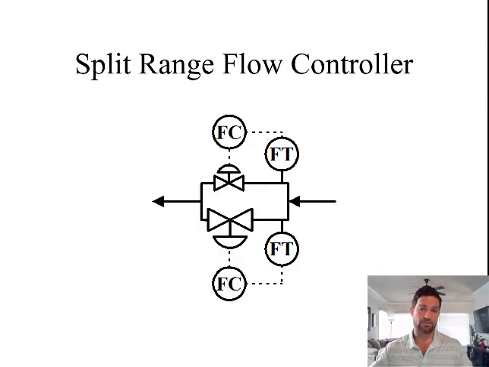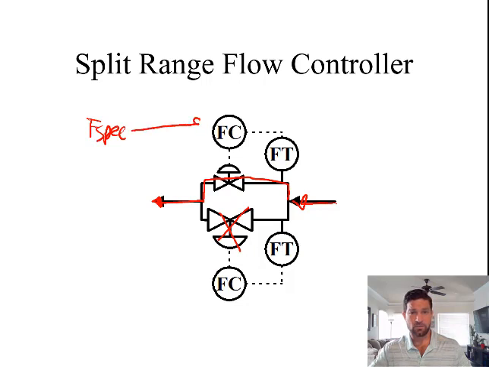All right, so here's what it could look like in practice. So we have our flow entering the process. At low flow rates, this valve right here is closed, and the flow goes through the small valve only. So again, depending on what the specified value of the flow is, at low flows, measure the flow.